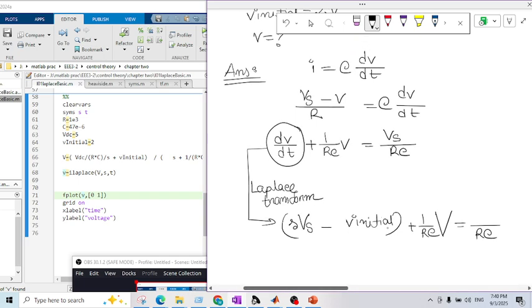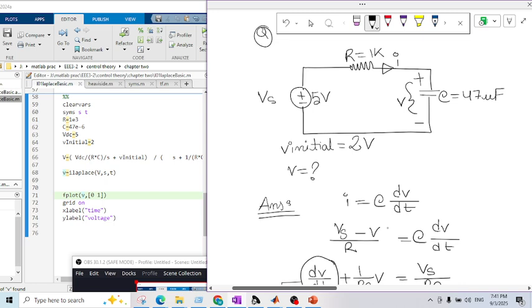Then let's see what is this Vs. So this is the Vs, and Vs is equal to VDC u(t). Why? Because we have switched on at t equal to 0. That means before time was 0, this Vs was equal to 0, but after the time t is equal to 0, this Vs is equal to VDC.